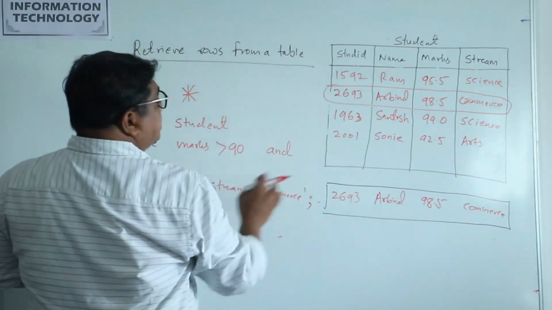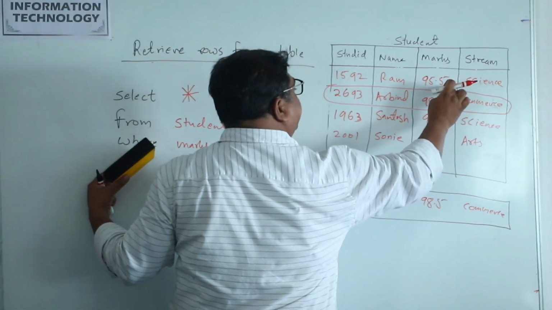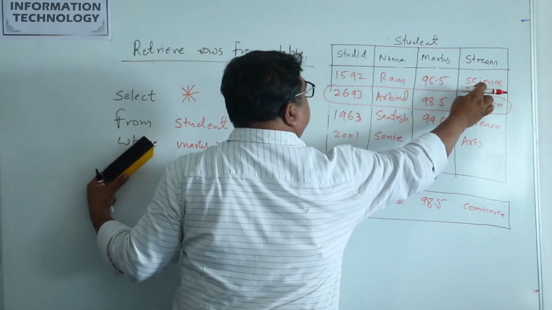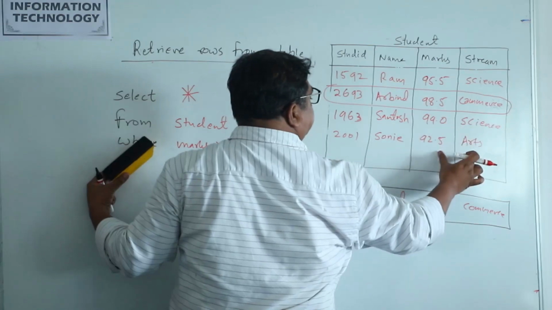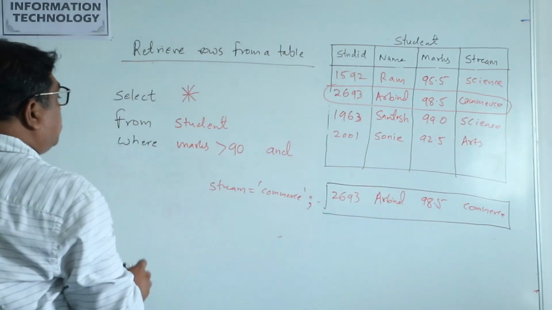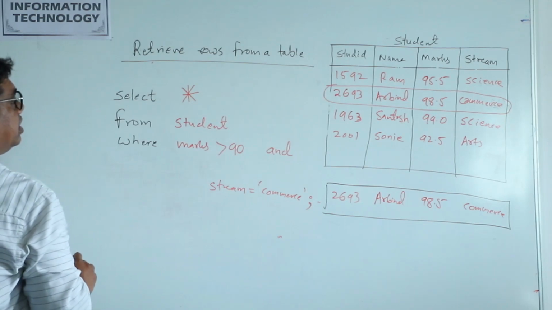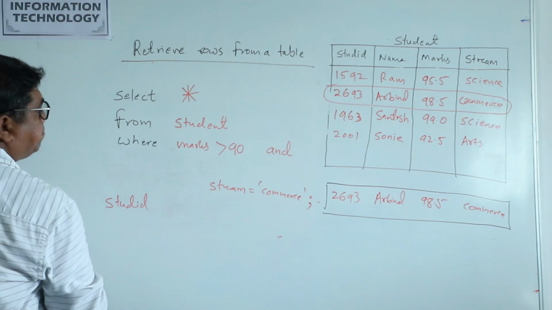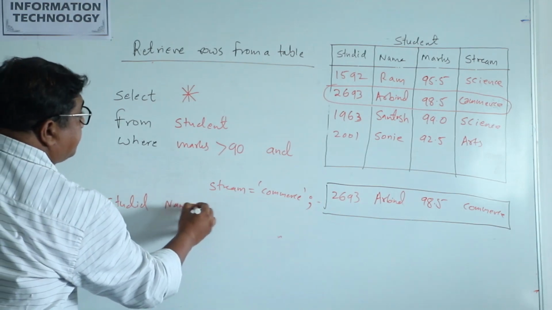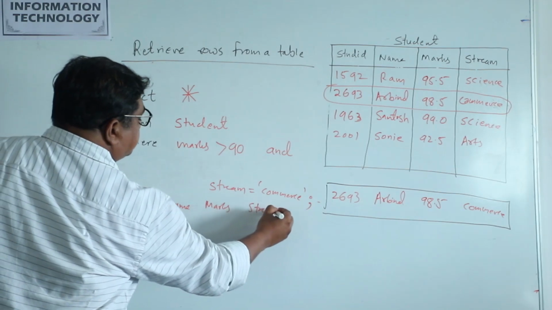But in this other case, marks is above 90, but it is not commerce, so it is false. So what will be the output? I have given star here, asterisk, which means it will display all the details: student ID, name, marks, then stream.